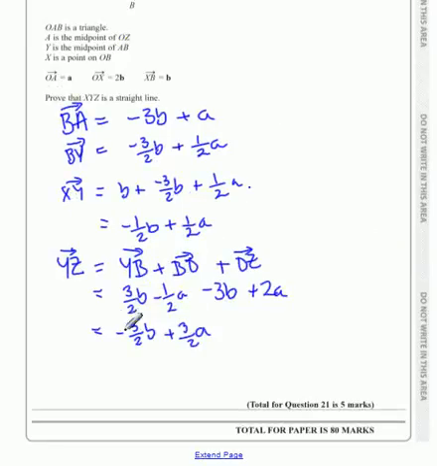What we now notice is that this is just 3 times what we've worked out at the top. So this is 3 lots of x to y. We now have enough information to prove that x, y, z are on a straight line, because they are both multiples of the same vector, and they both share the point y, so that is a common point there.